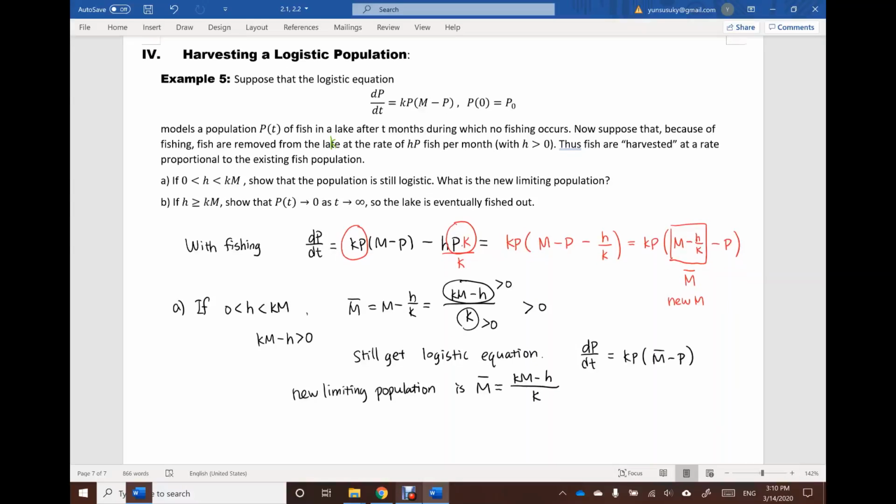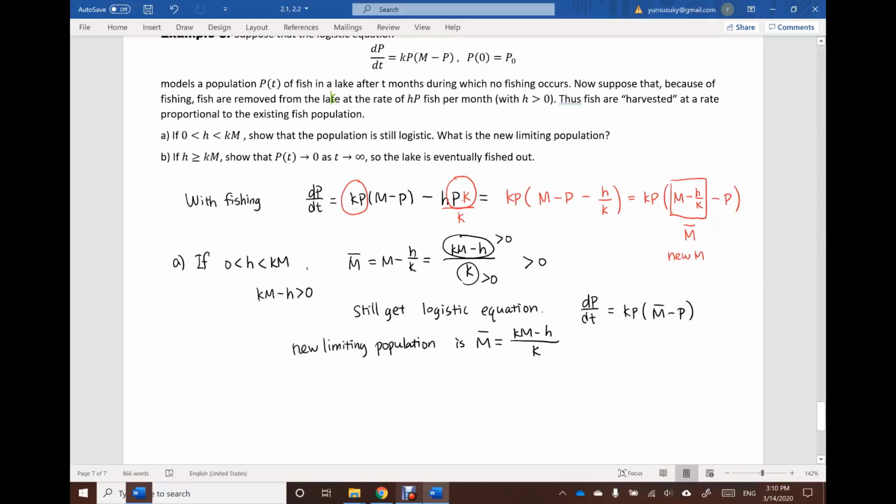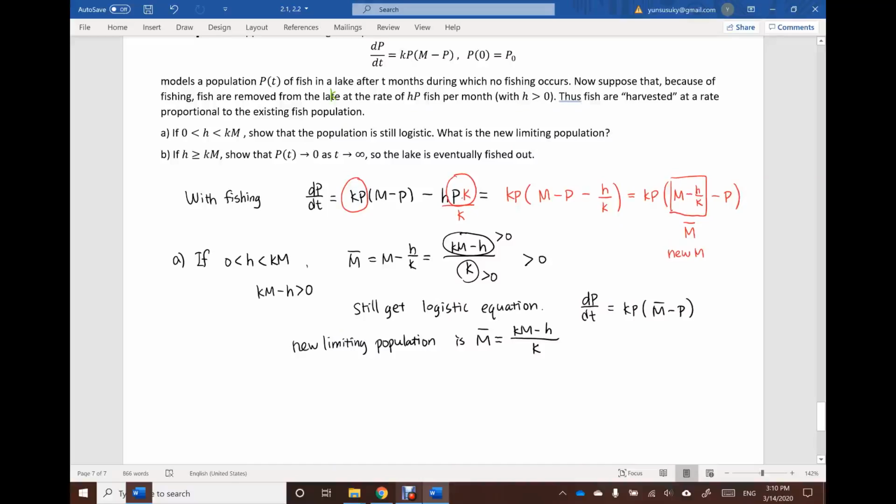Okay, part B. We want to show that if h is greater than or equal to km, the population goes to 0 as t goes to infinity. So the lake is eventually fished out.